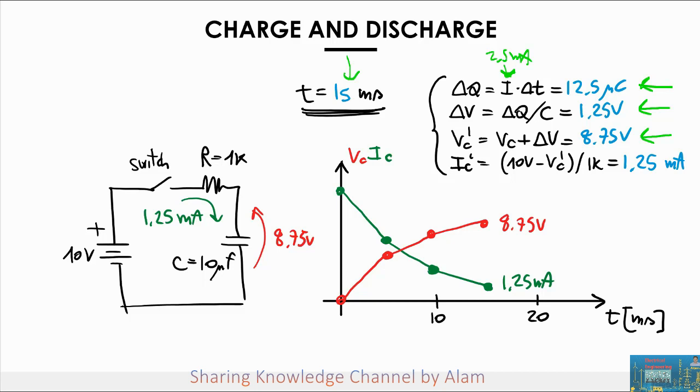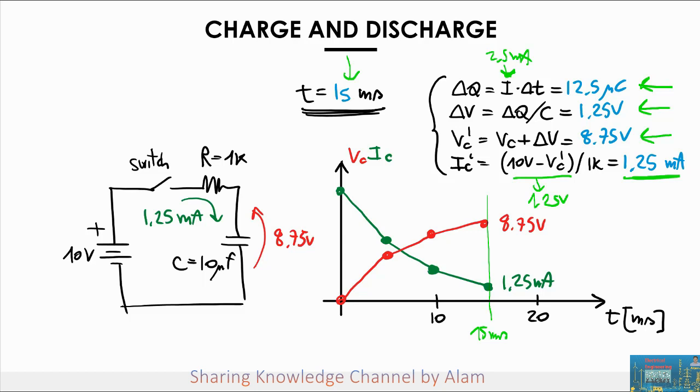And finally, the voltage across the resistor now is 1.25 volts, and divided by 1 kilo, it gives us 1.25 milliamp. So we keep connecting with straight lines. This is the mark for the 15 millisecond, and we get the voltage again keeps going up toward 10 volts, and the current keeps decreasing.